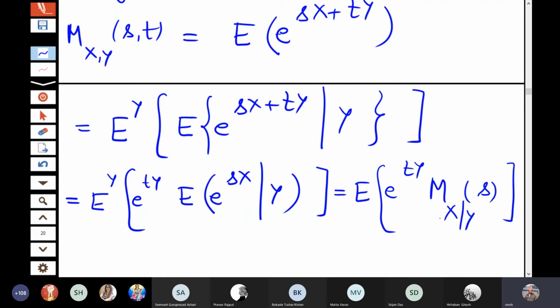And the conditional distribution of x given y is normal, you know that. For a normal distribution with mean mu and variance sigma square, the moment generating function is e to the power mu t plus half sigma square t square. Now for the conditional distribution of x given y, you know the mean and the variance. So at the point s, the MGF will be e to the power mu s plus half sigma square s square, where mu is the mean and sigma square is the variance.